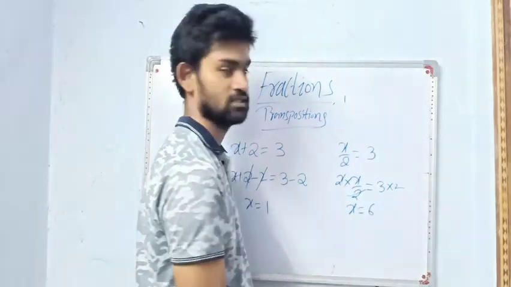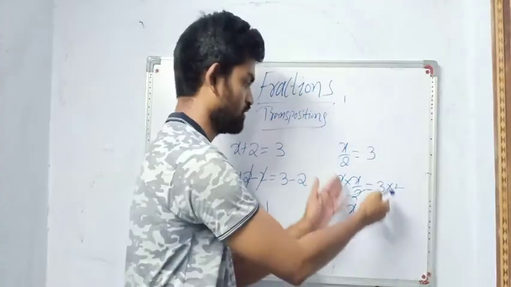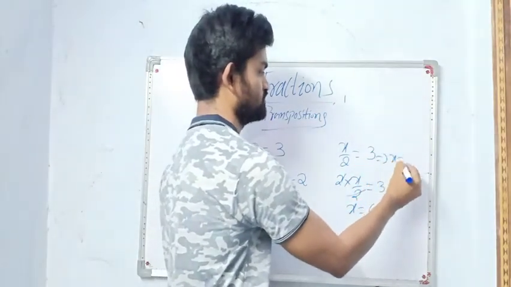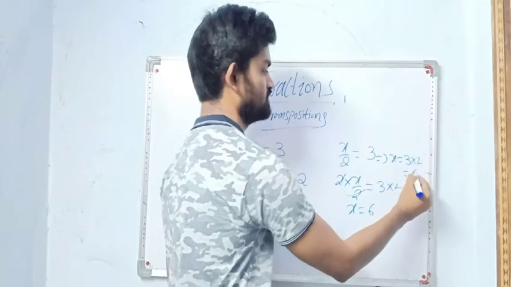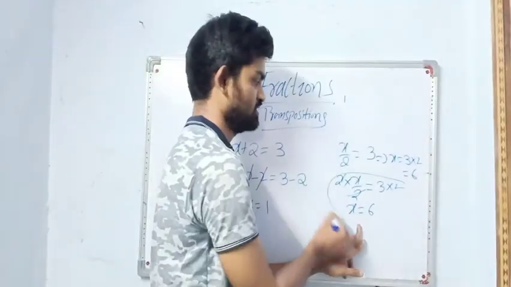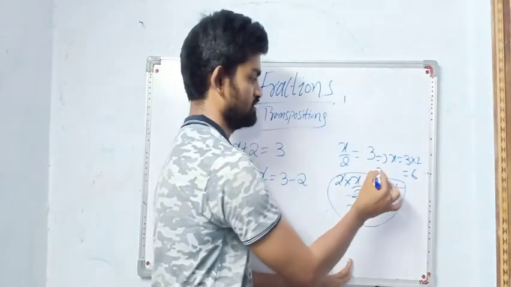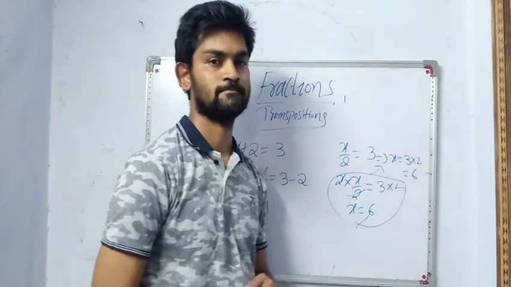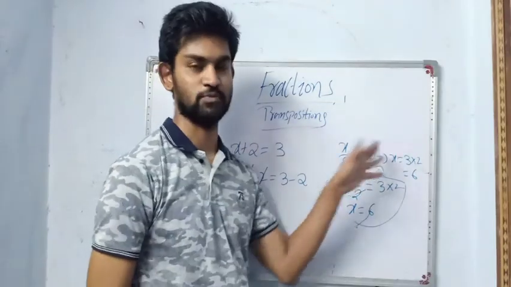That is 6. Instead of doing all these things, we will directly write, send this to that side, and x is equal to 3 into 2, that is 6. These operations have come from here. In the direct and simplest method, we will do it like this. This is how we got these transpositions.